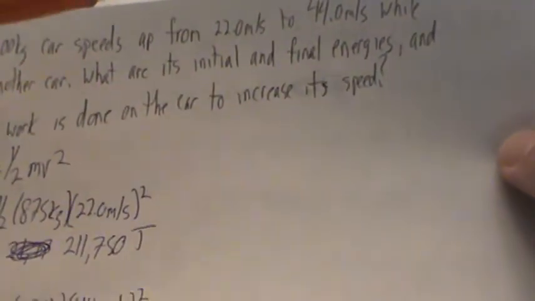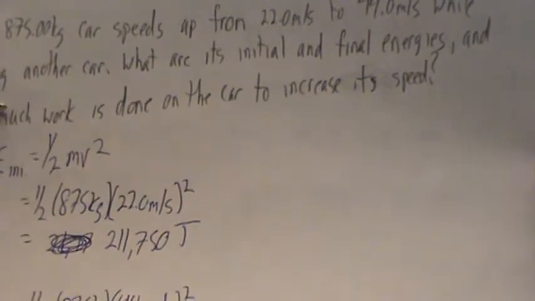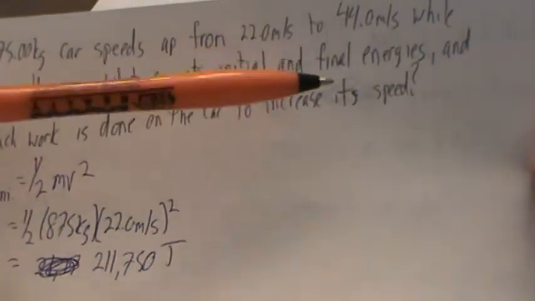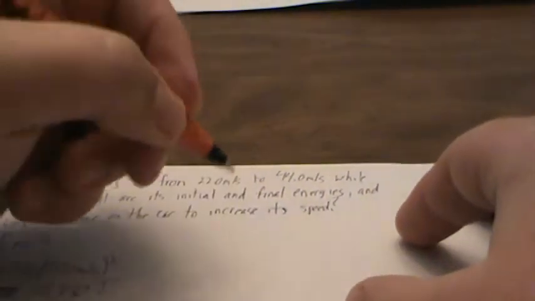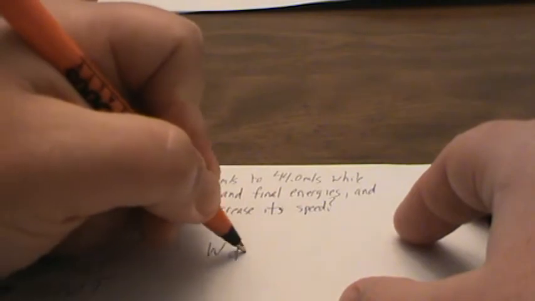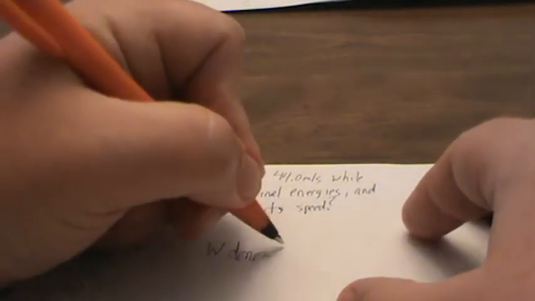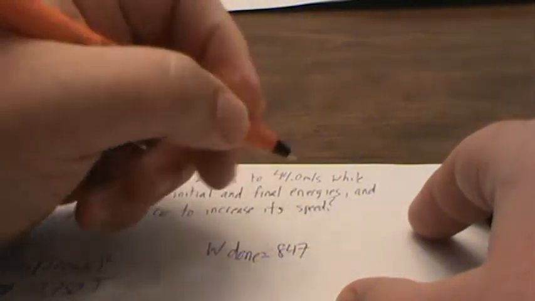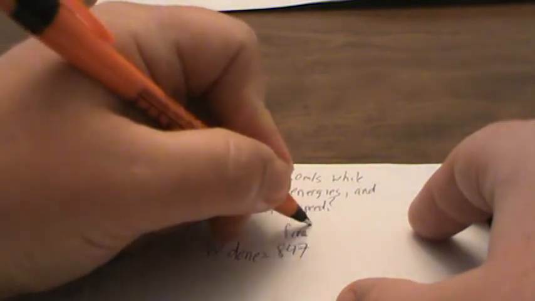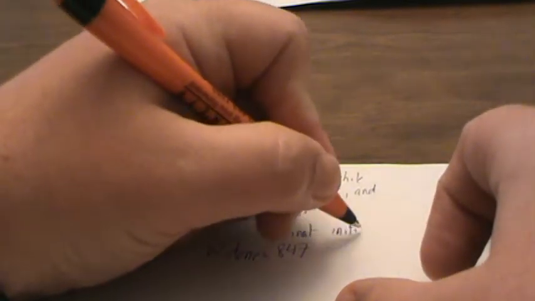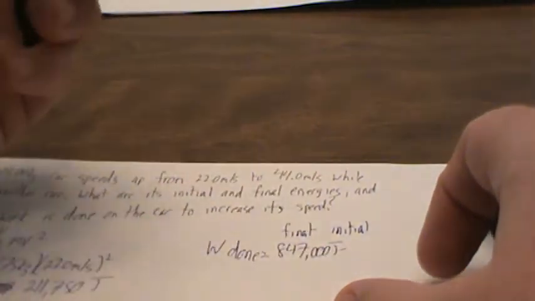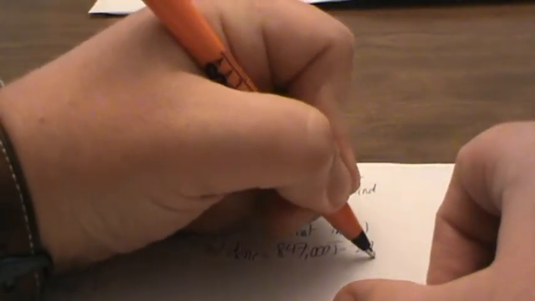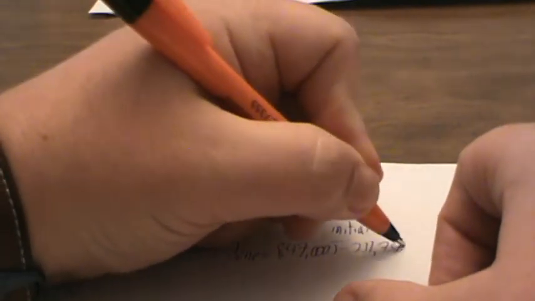Now the last problem that we need to figure out says, how much work is done on the car to increase its speed? So what we're going to do is take the difference between our two kinetic energies. We're going to take the final minus the initial, so 847,000 joules minus 211,750 joules.